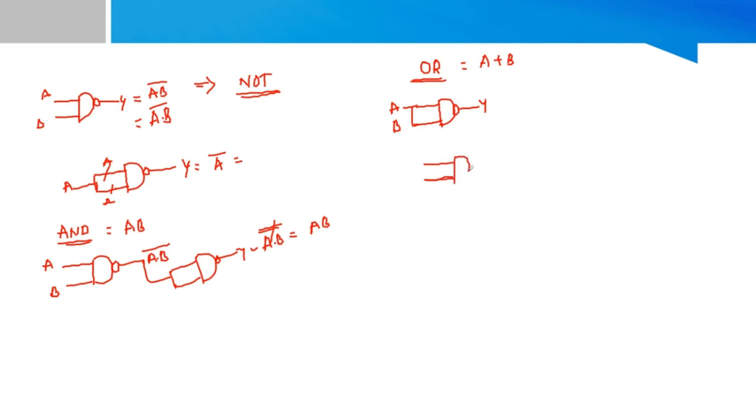With the help of one or two NAND gates, you won't be able to implement the OR gate. Why? Because we need both A and B, right? So just make use of one NAND gate for the one input. Short both the input lines here.